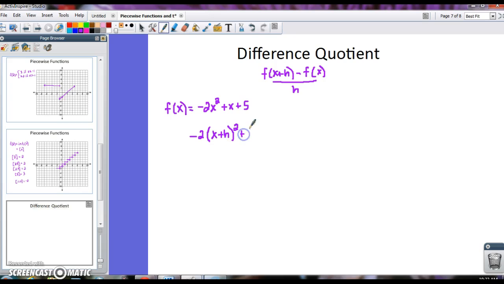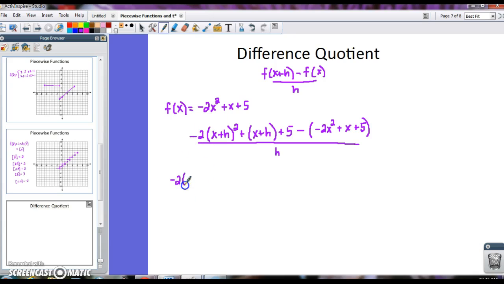So I am just going to go ahead, negative 2 times (x plus h) squared plus (x plus h) plus 5. Then I have minus f of x, so I'm going to plug that in, negative 2x squared plus x plus 5. All of that is over h.